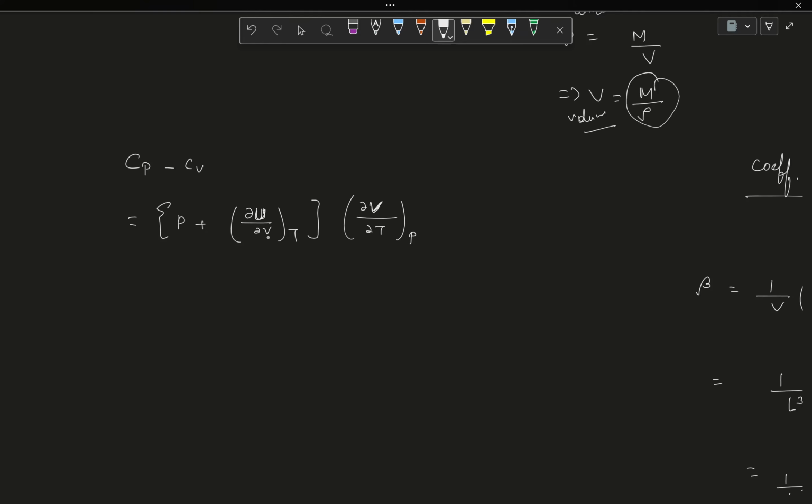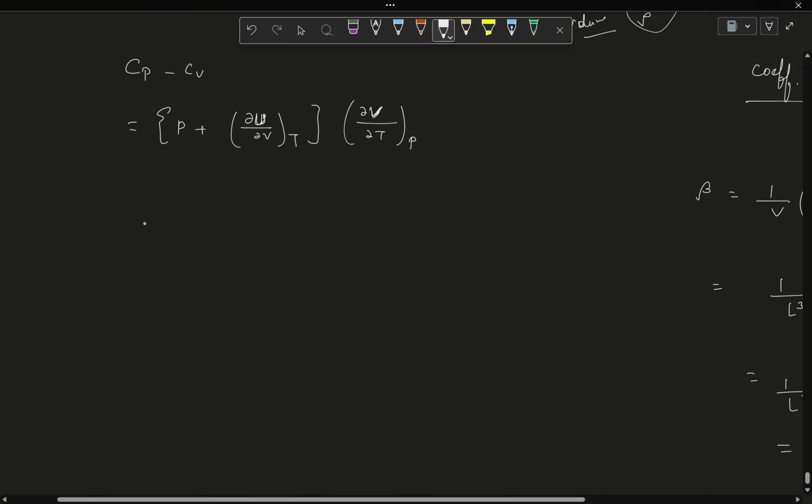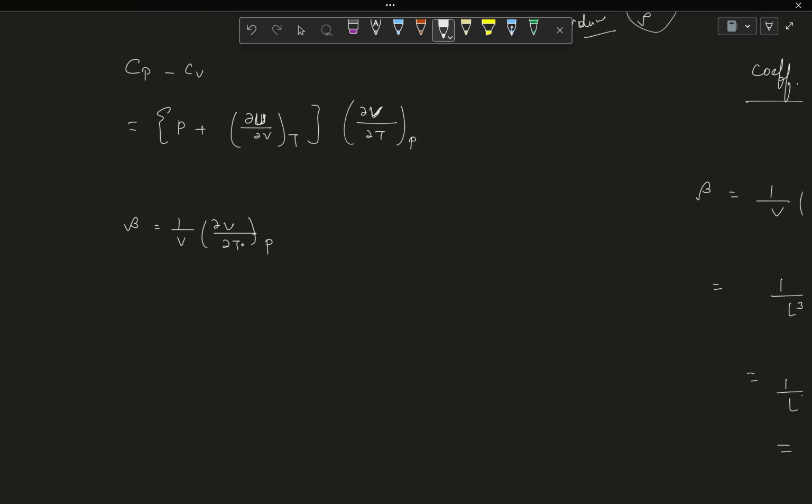So the signs may look similar when I am writing it quickly. And here your beta is equal to 1 by V del V del T at P constant. So this del V del T at P constant becomes simply beta times V, right?